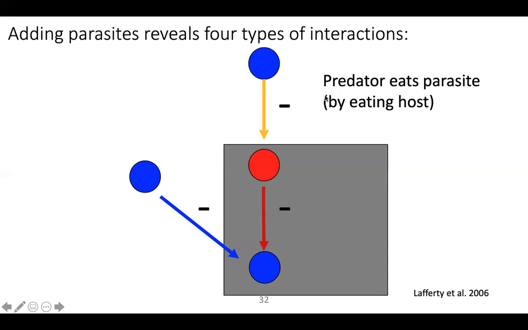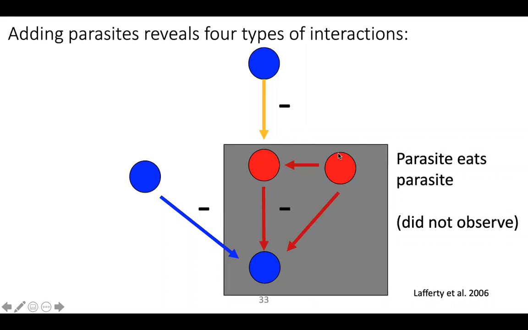And if the predator is not a suitable host for that parasite, the parasite dies, and that's called concomitant predation, and it's an important source of parasite death. There's a fourth type of interaction where parasites within a host can attack and consume each other, but I didn't observe this in this study, and so I don't have any of those types of links in this food web.